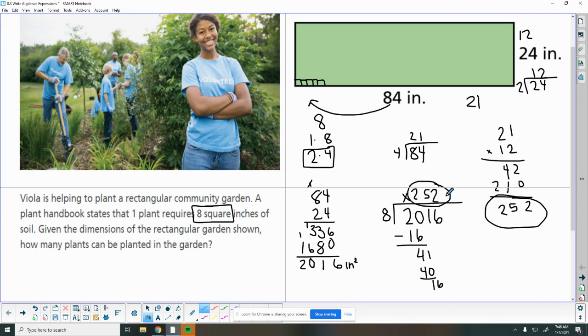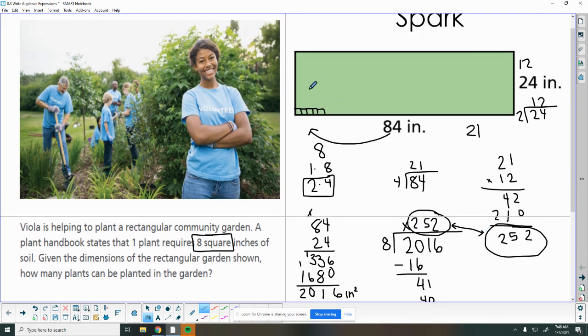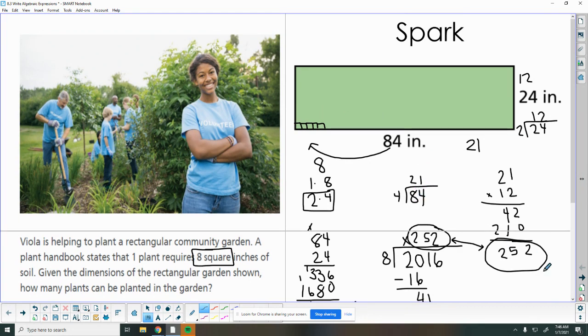So either way I did it, I ended up with 252 plants that they can plant in this garden that will give each plant 8 inches of its own soil to grow in. So lots of ways to do the same problem.